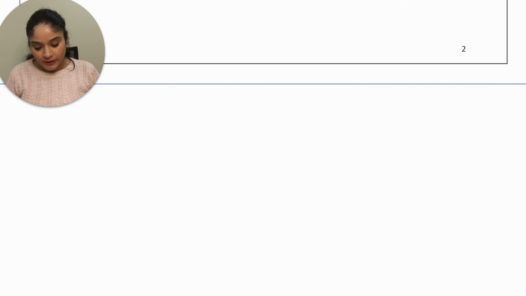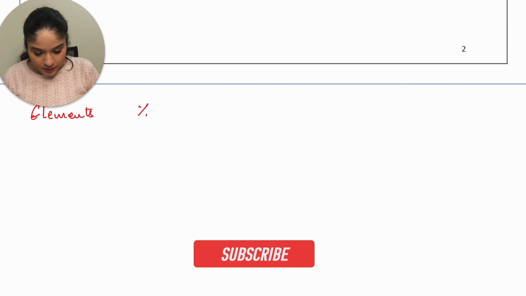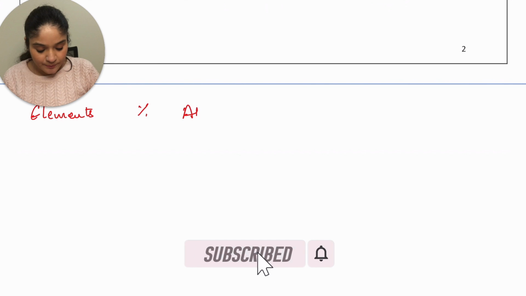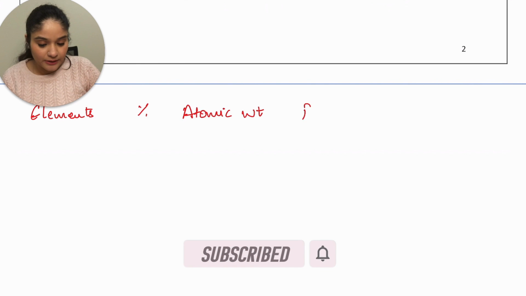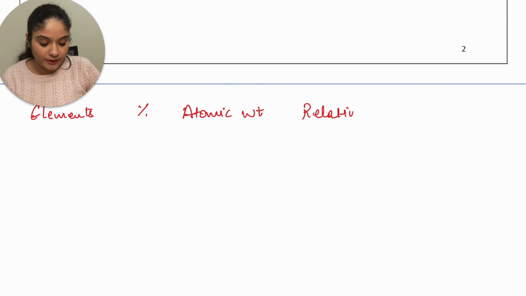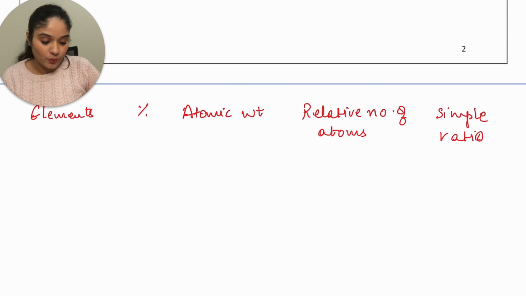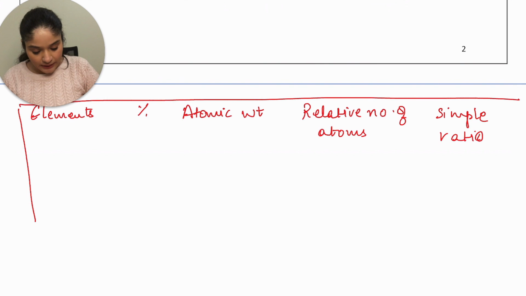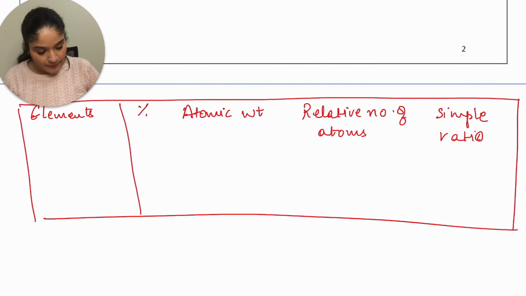The chart will contain elements, then the percentage given in the question, then atomic weight, then relative number of atoms and simple ratio. You'll have to make this chart for all empirical formula questions.